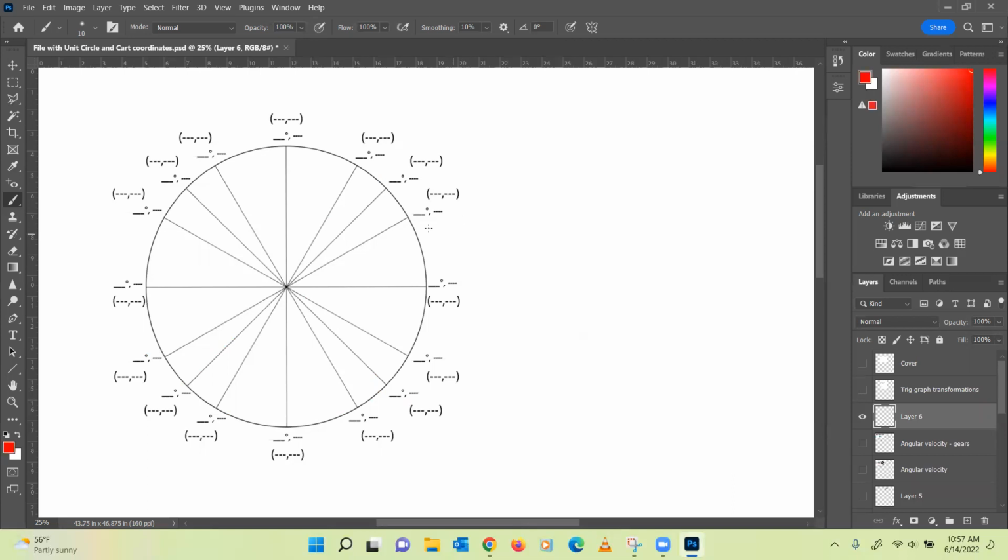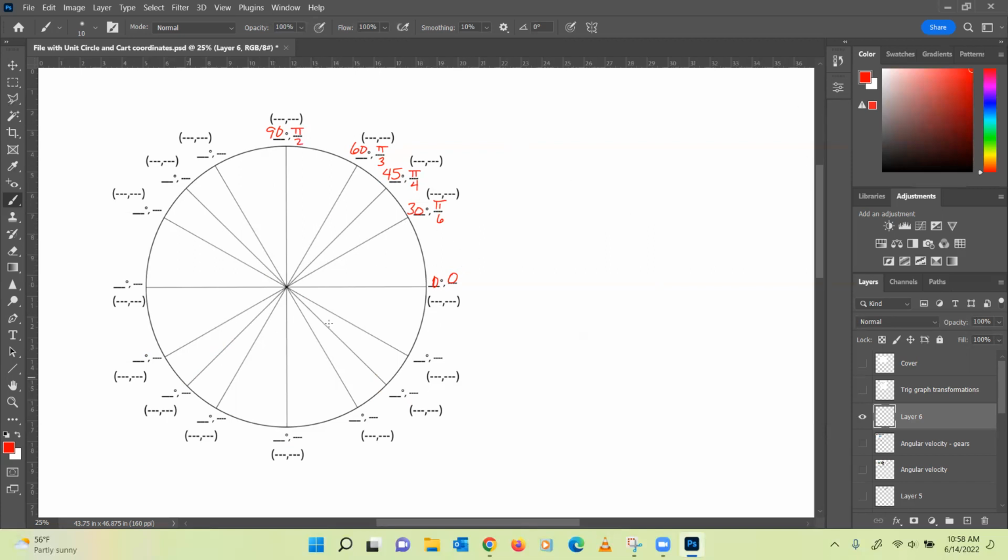All right, so this is 30 degrees, 45 degrees, 60 degrees, 90 degrees. This was 0 degrees. We had 0 radians. This was pi over 6. This was pi over 4. This was pi over 3. And this was pi over 2. We had all of those angle measures.